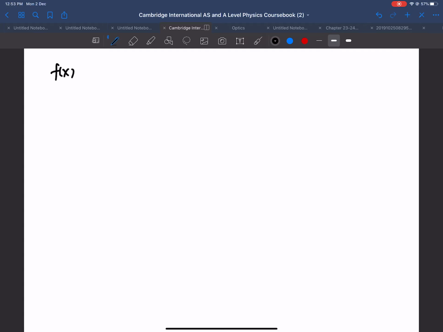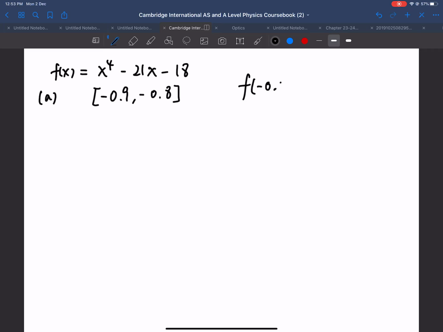For part A, it asks you to show that there exists a root in this interval. Substitute these two values, and say that there's a change in sign. One is positive and one is negative. And that's it.